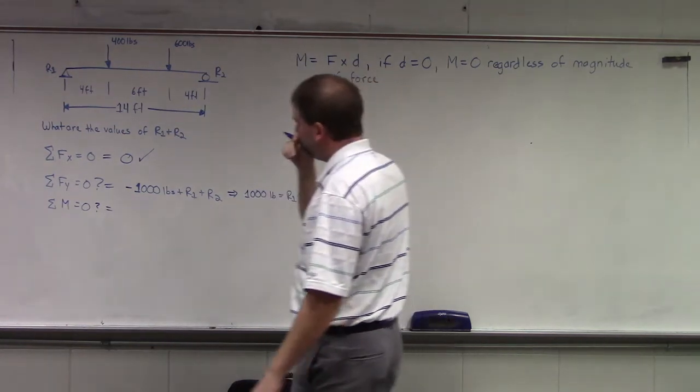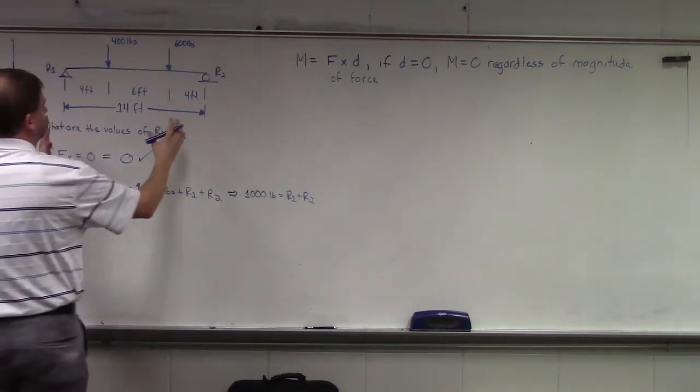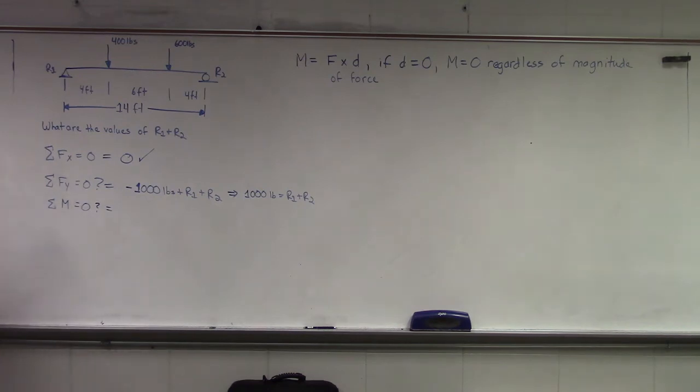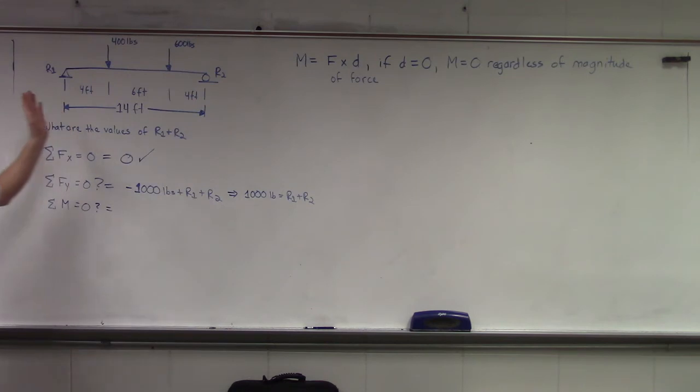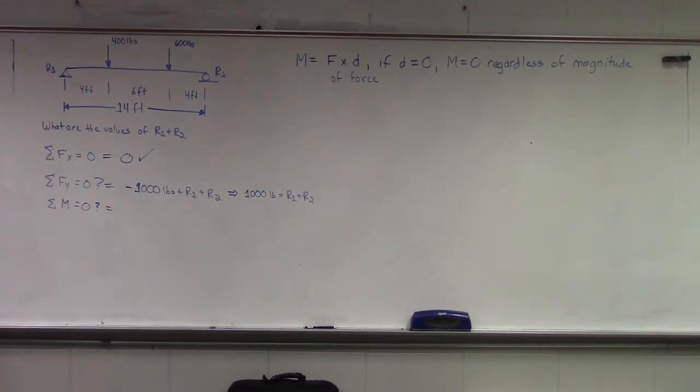Okay? So is there any way that we can look at a moment to isolate either the reaction at point 1 or point 2? Could we look at the moment around the reaction at point 1? Yeah. Okay?